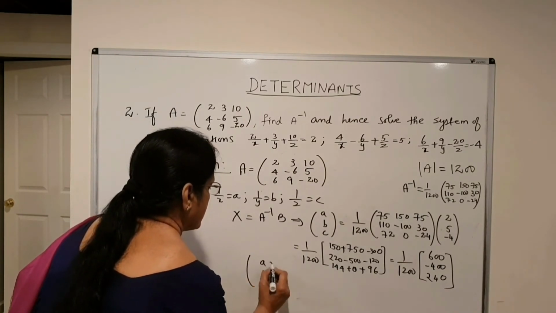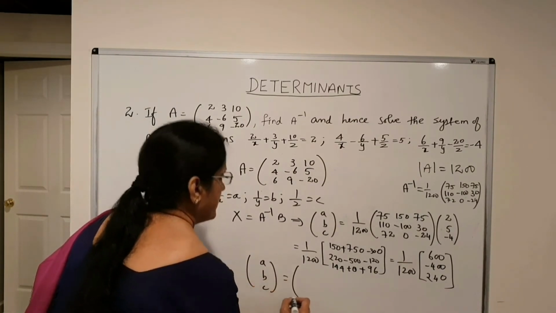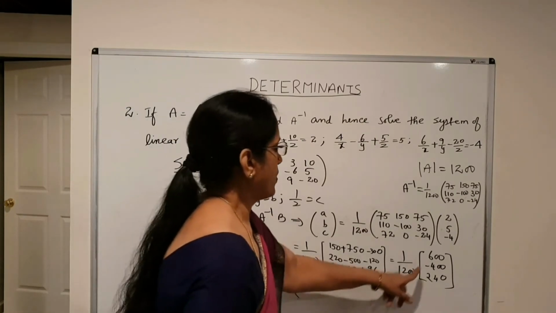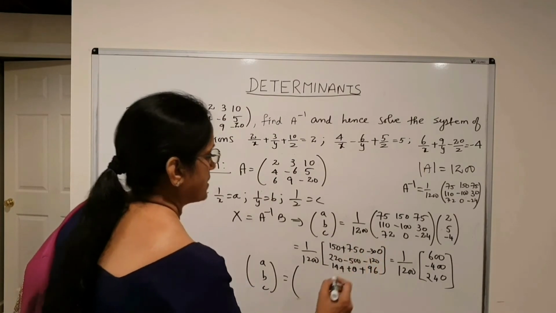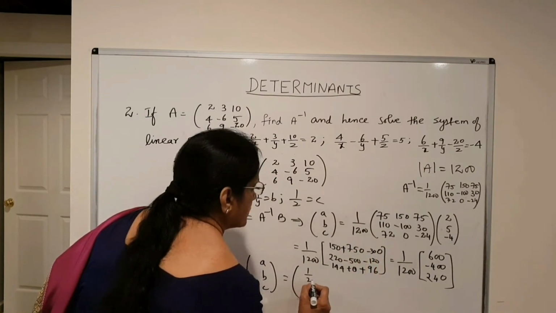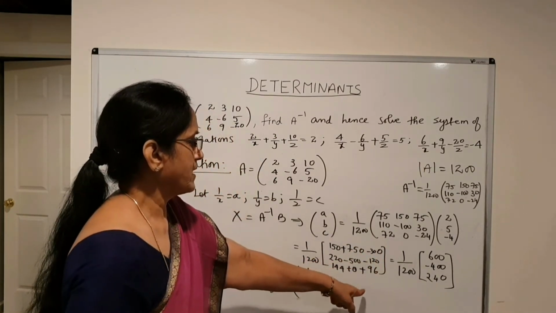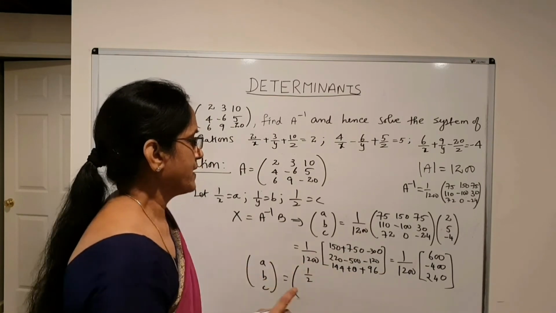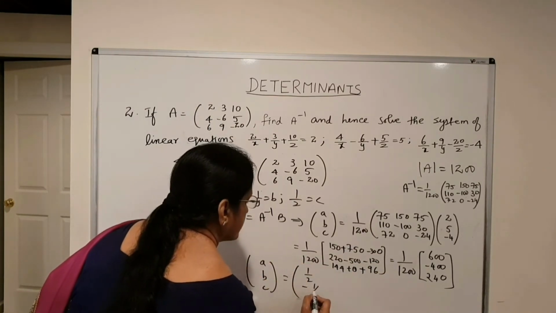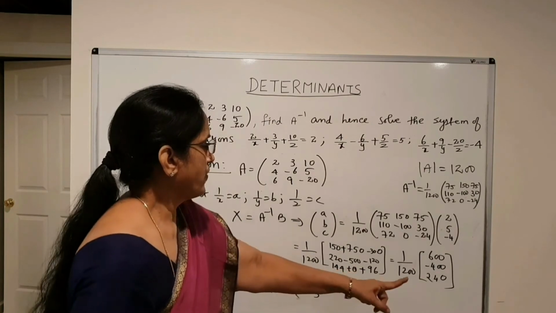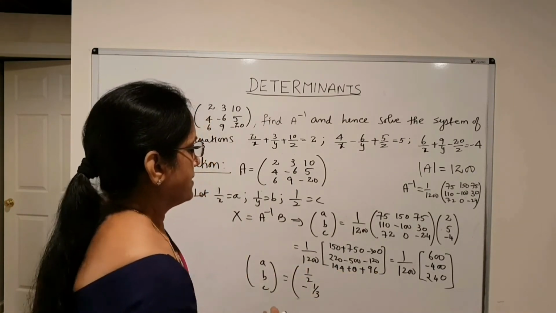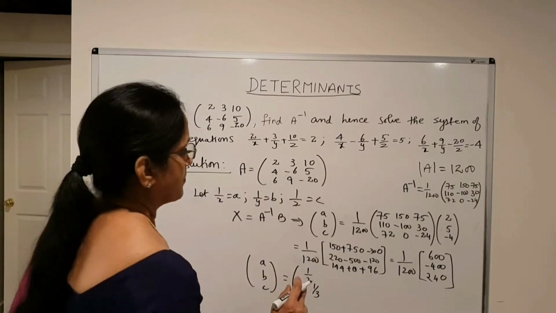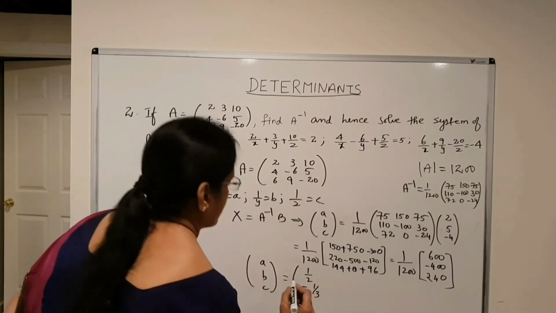So, A, B, C is equal to, let me take this 1200 inside. What will I be getting? 600 by 1200 is 1 by 2. Minus 400 by 1200 is going to be minus 1 by 3. Then 240 by 1200 will be 1 by 5.